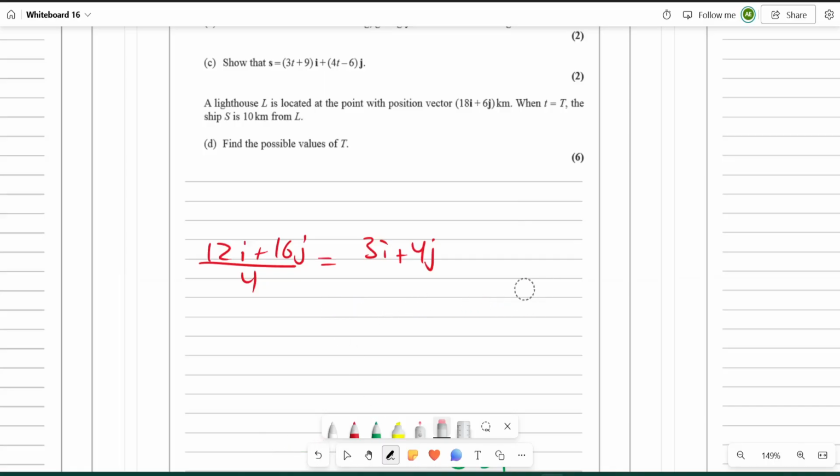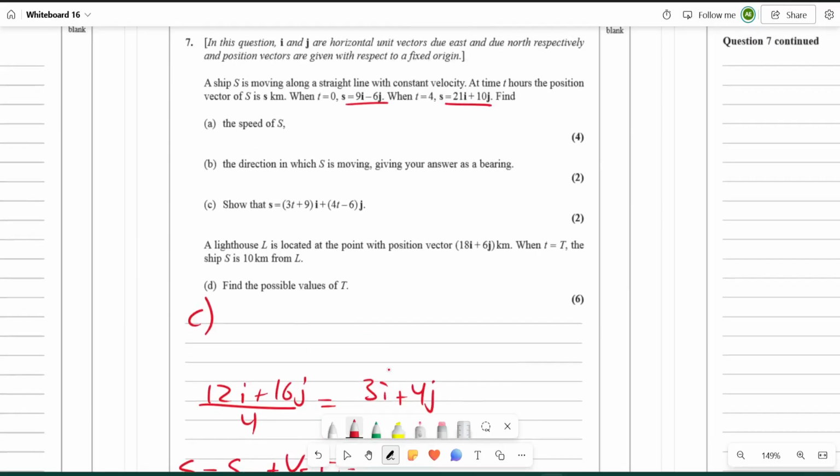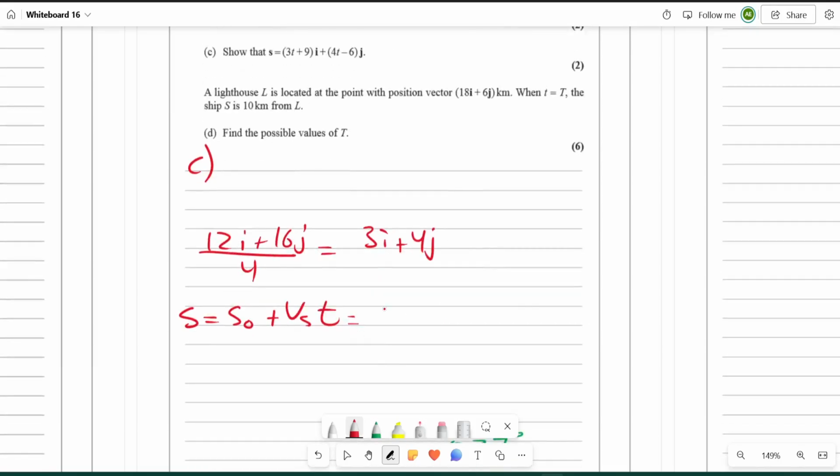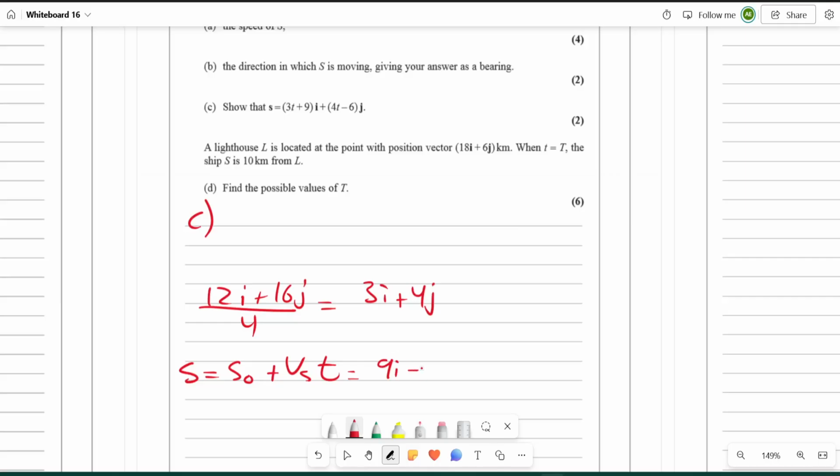So again, the general position vector S is going to equal S0 plus the velocity times T, which is S0, the position at t equals 0, which is 9i minus 6j, plus the velocity vector, which is 3i plus 4j, times time.